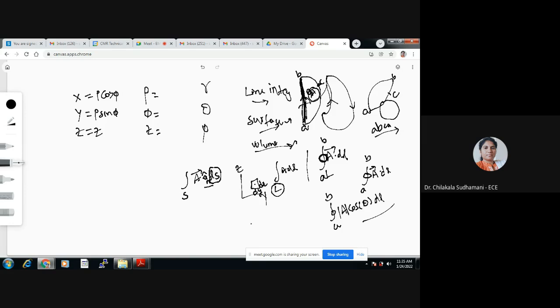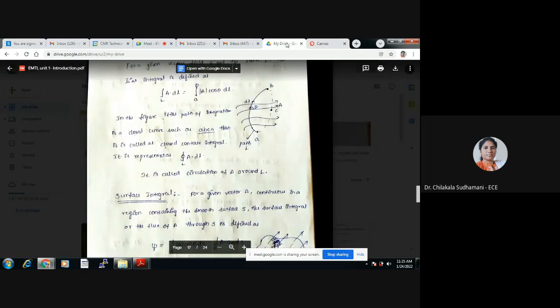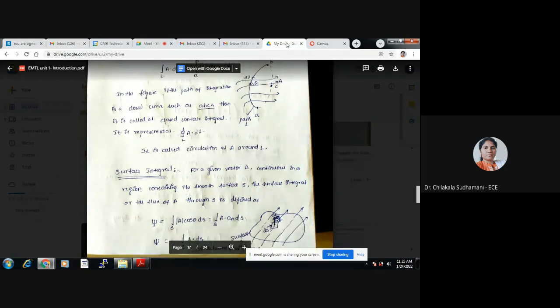Then what is the surface area here? Dy into dz into an bar, where an bar means throughout the x direction. The surface area is mentioned like this: dy dz ax bar, normal to the surface area. That is what you have to consider. So the surface area is calculated like that.